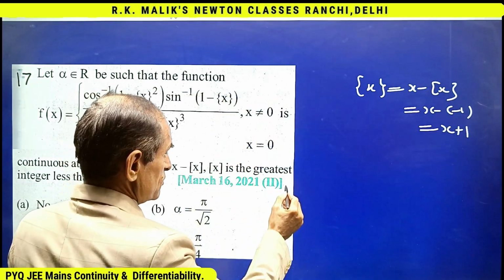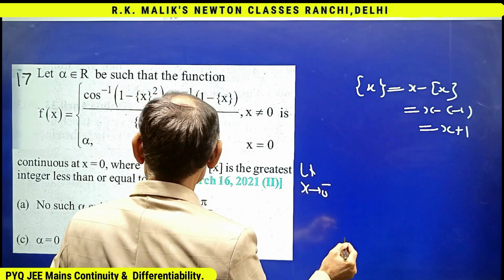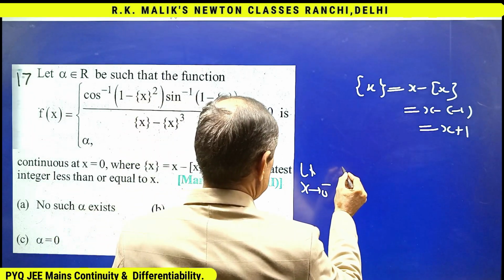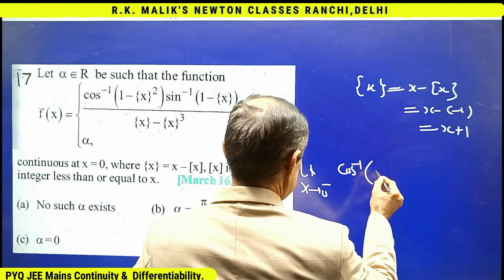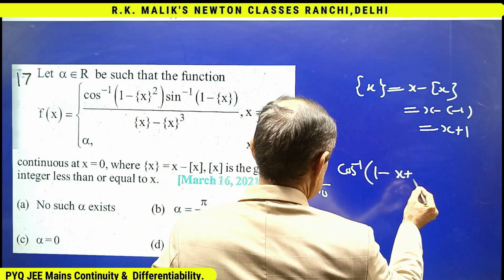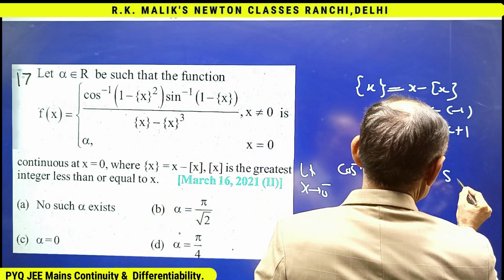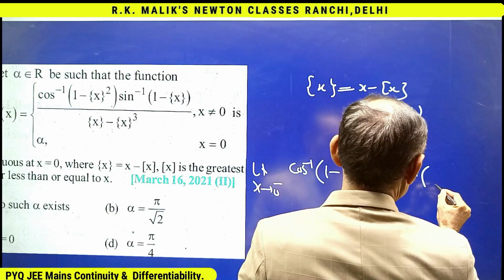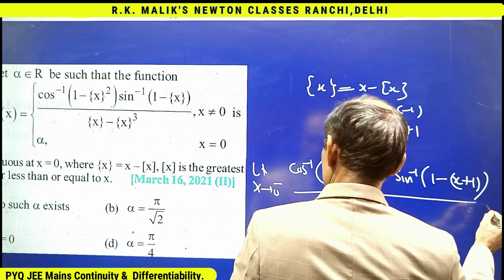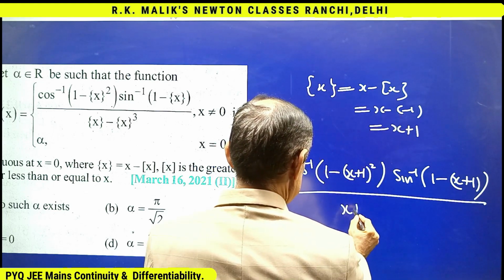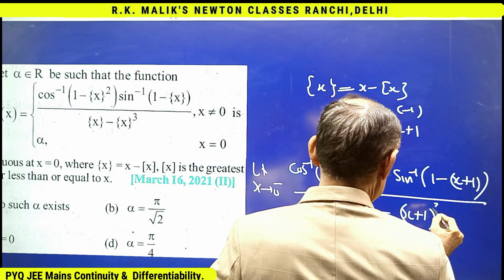Hence the question will become limit x tends to 0 minus cos inverse of 1 minus (x plus 1) square into sin inverse of 1 minus (x plus 1) upon (x plus 1) minus (x plus 1) whole cube.